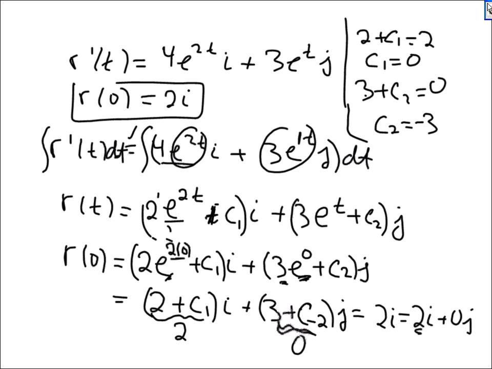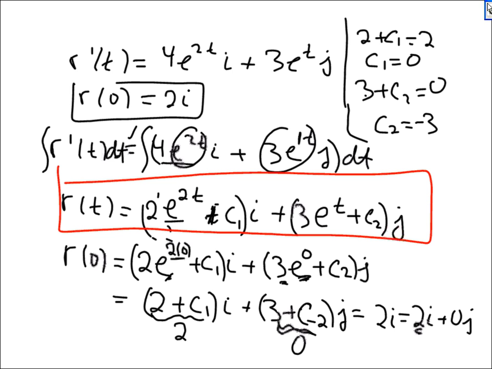So I come back to this equation right here, and since I ran out of space, I'll modify it right here. Plus c1, but c1 is 0, so I won't even write plus 0. The second bracket, plus c2, but c2 is negative 3.